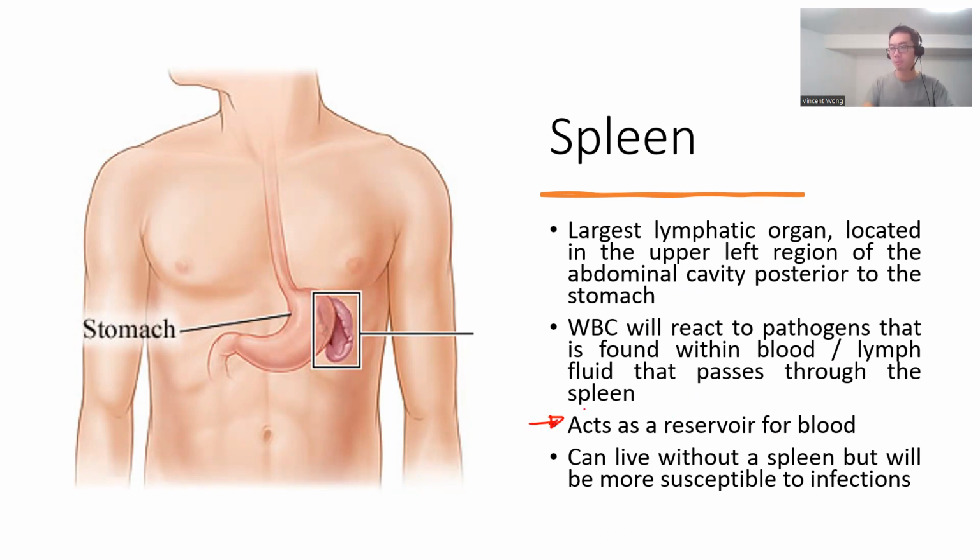It's able to store some blood for you, not a lot, but enough to keep you going a little longer before help arrives if you're losing blood. A person can also live without a spleen, but of course the person will be more susceptible to infection.